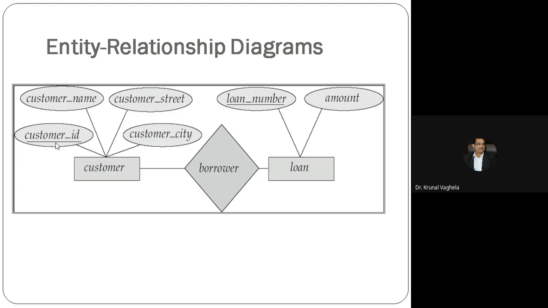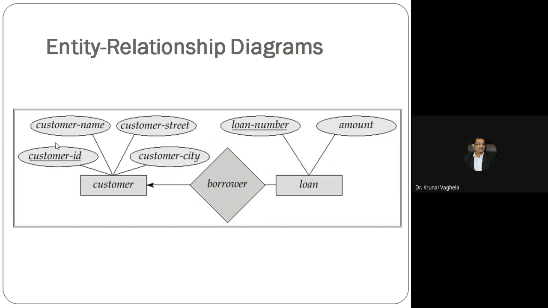The attribute which is unique to every entity is the primary key. So a person can have a loan, but loan number should be unique to every loan.